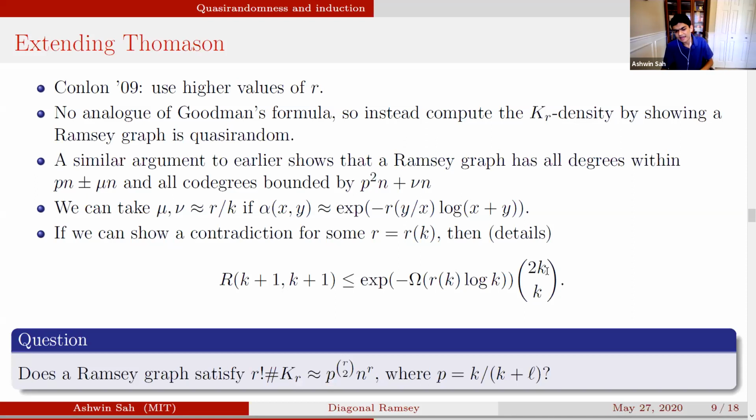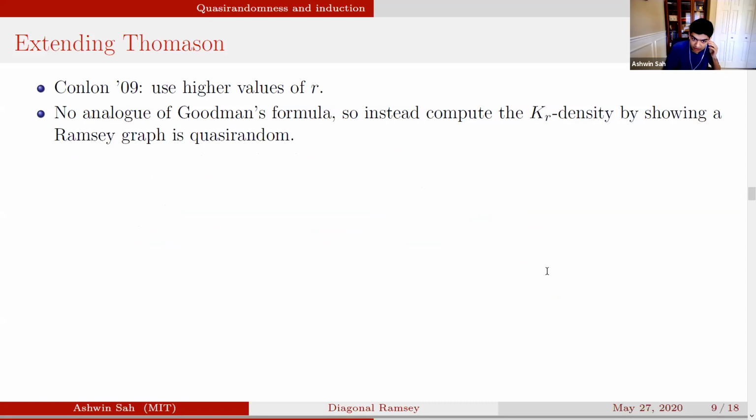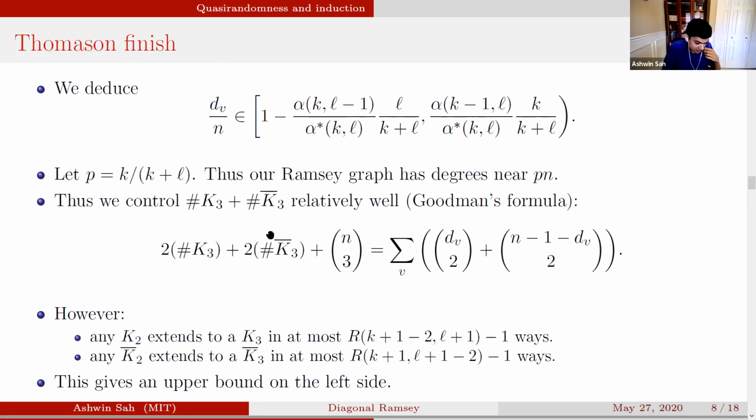Similar to Thomason's argument, where we show that the cliques and sets of size 3 behave as in a quasi-random or pseudo-random graph, and then also use the extension property to show an upper bound on the number of cliques, you actually do something similar in this case.